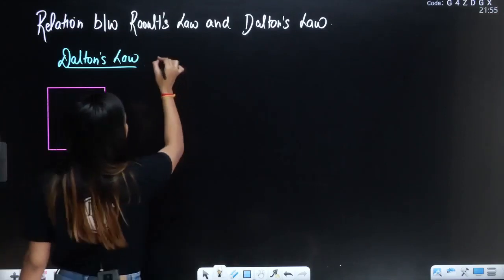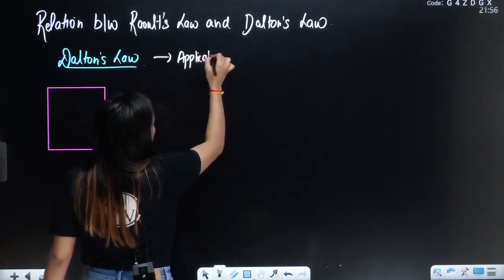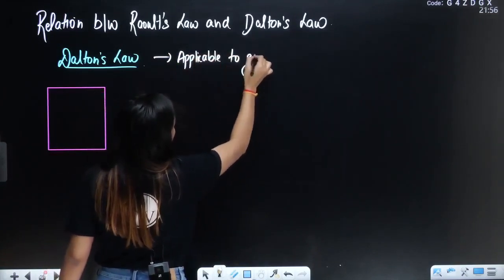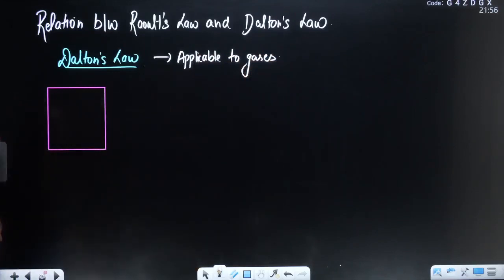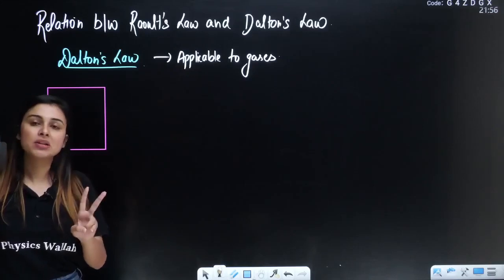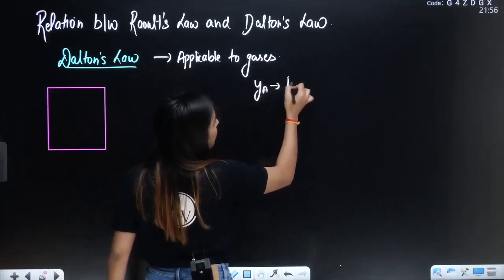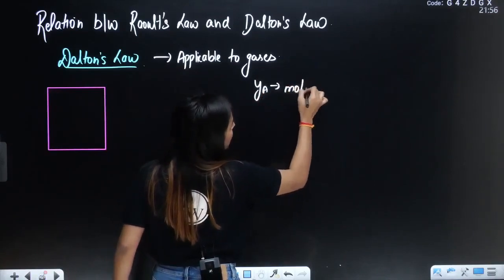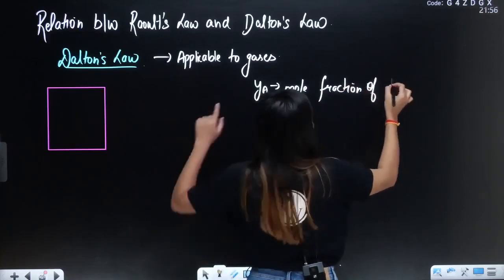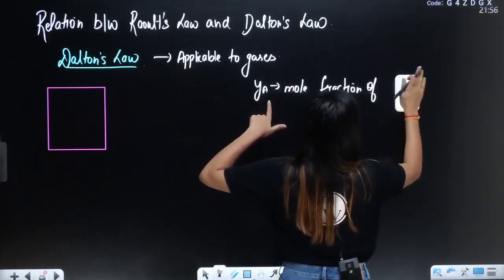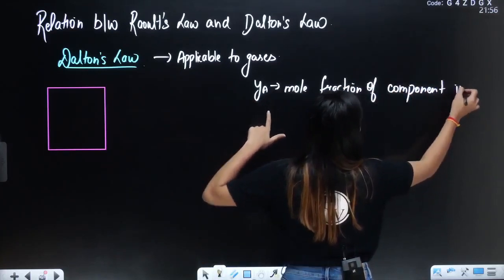Dalton's law was only and only applicable to gases. Now imagine you have two gases. So let's say YA is the mole fraction of component A in vapor phase.